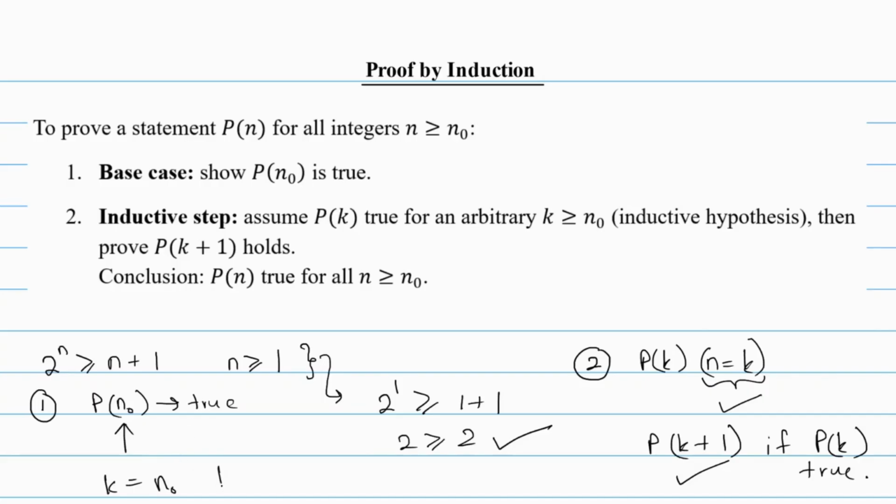That means for k equals n0 plus 1, it is true too, because we proved it for k plus 1. Therefore it keeps going for n0 plus 1 and all the way up to infinity. For all of these integers, this statement is true. So that is what we call proof by induction, and the basis of this entire process.